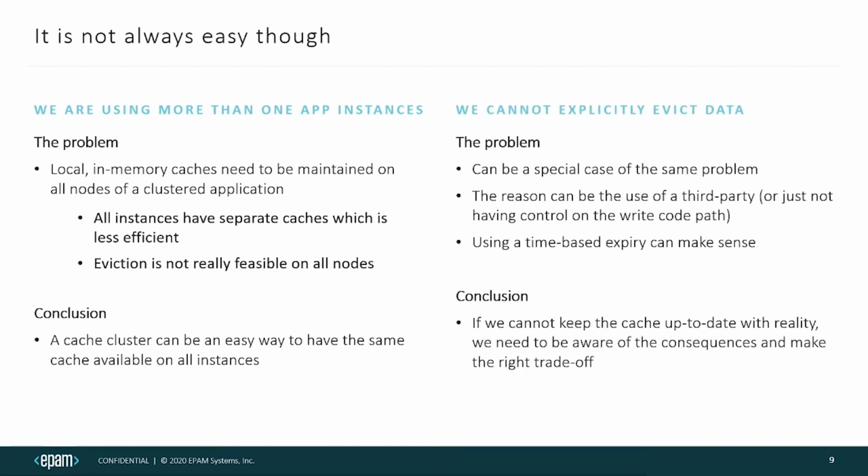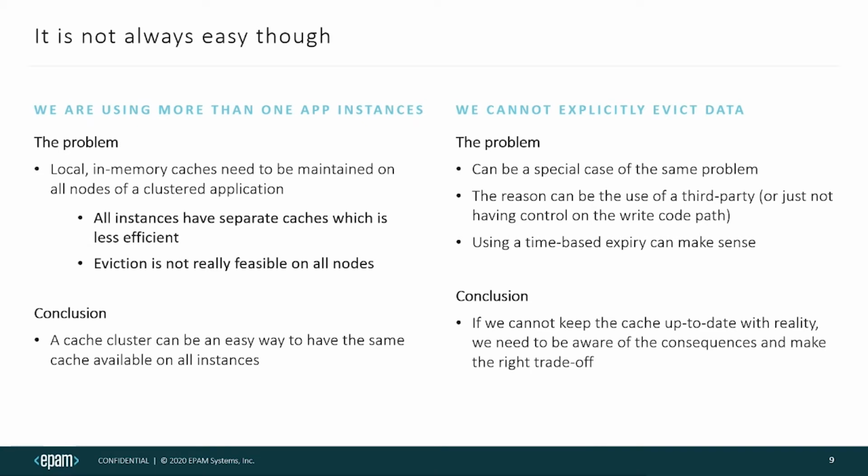There is, I would say, a special case of this, considering the eviction problem, when we are not really aware when we need to evict. Like, we are calling a third party, as I mentioned earlier, and we don't know when values changed unless we are making a new call. So in these cases, we don't know when to evict, so we are in the same situation.